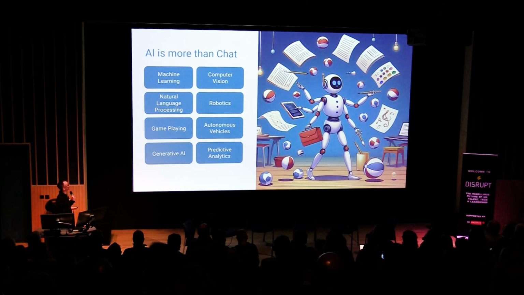But AI is more than that. AI encompasses a whole raft of different techniques and tools, and can be applied in different ways. And what we've been talking about with Gen AI is really what I would term machine learning, teaching algorithms to make decisions from data.